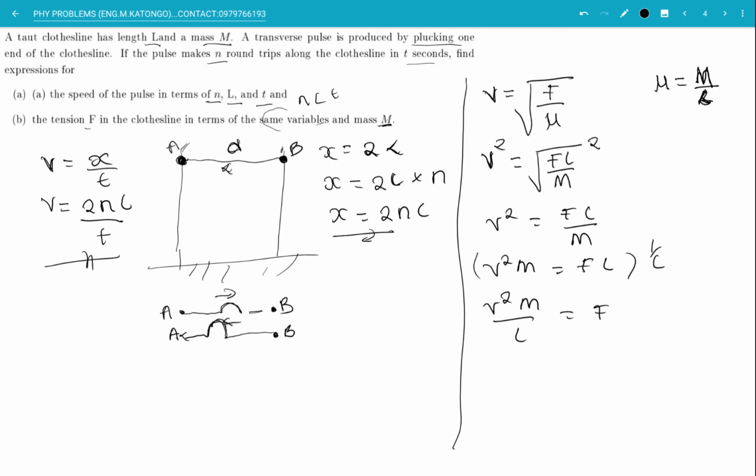Now, previously we obtained the speed of the pulse, which is v, being equal to 2nL over t.